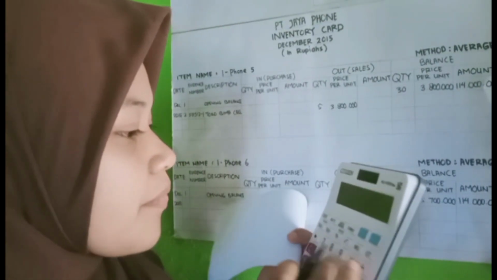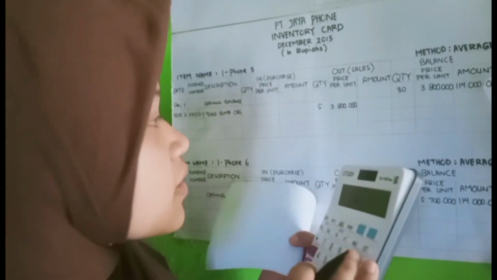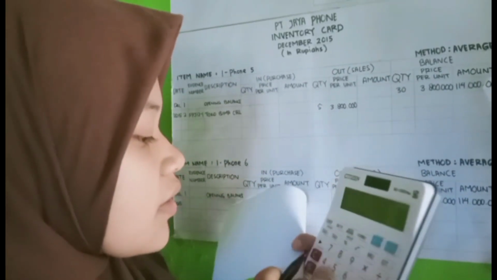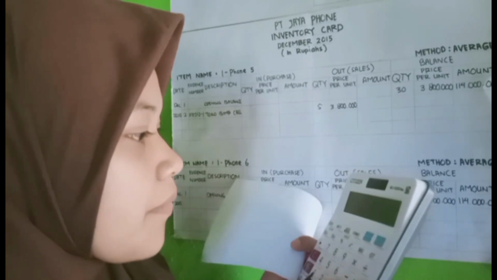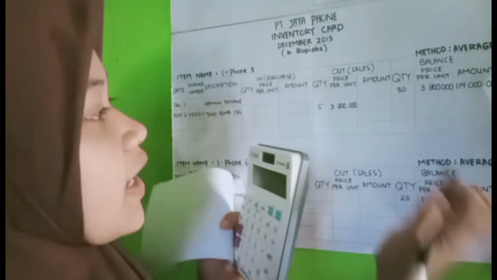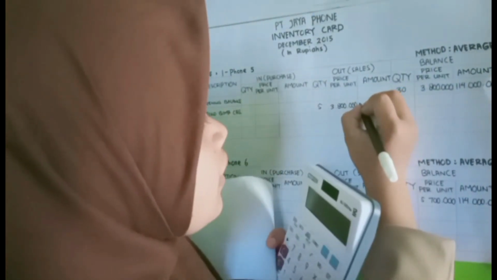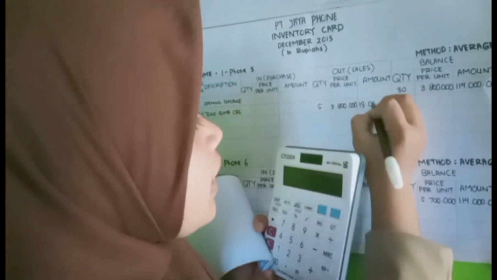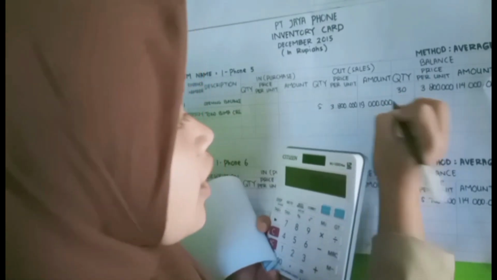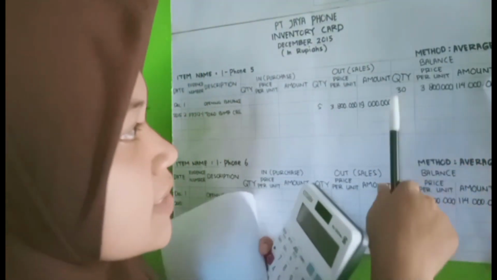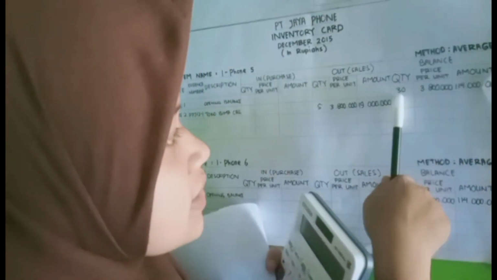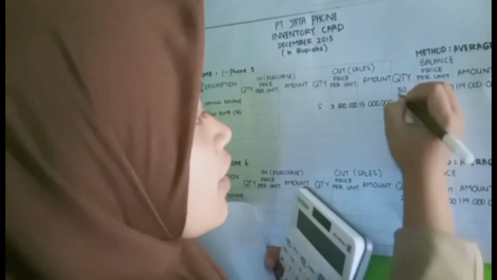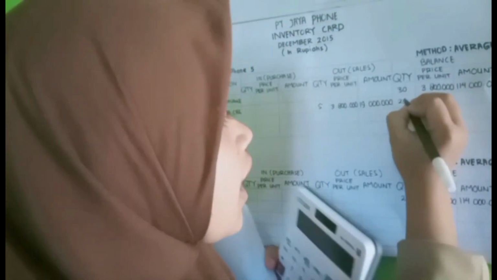For amount we can calculate it: 5 times 3,800,000 equals 19 million rupiah. For balance, quantity 30 minus 5 is 25.